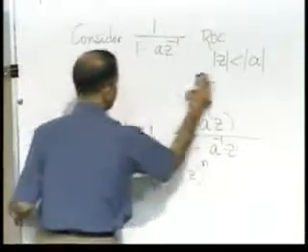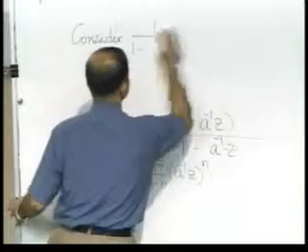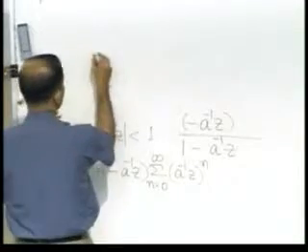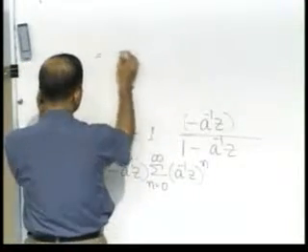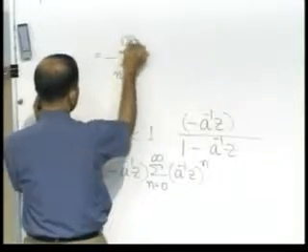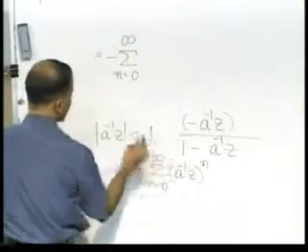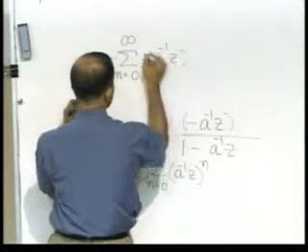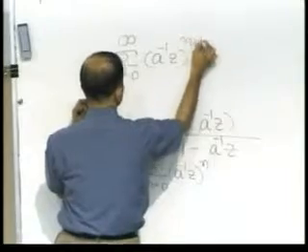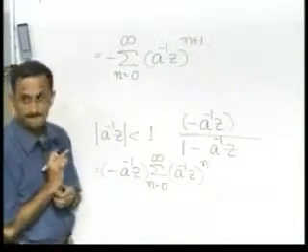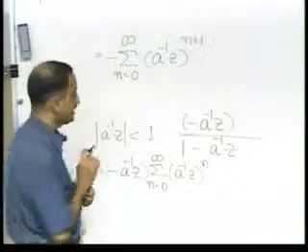So we rewrite this expression, and we can recollect it by writing minus summation n going from 0 to infinity, where instead of (a inverse z) raised to the power of n, it's (a inverse z) raised to the power n plus 1.